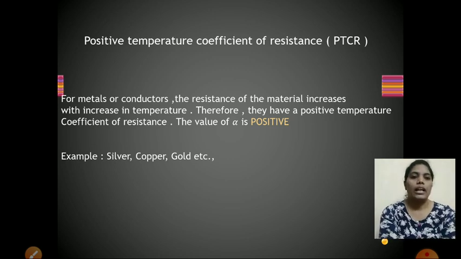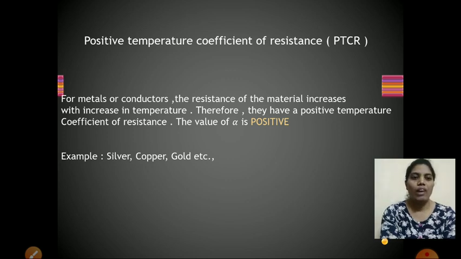For metals or conductors, the resistance of the material increases with the increase in temperature. As we increase the temperature, for metals or conductors, resistance also increases. Therefore, they have a positive temperature coefficient of resistance.